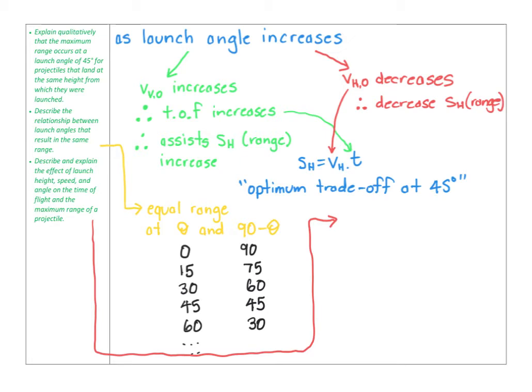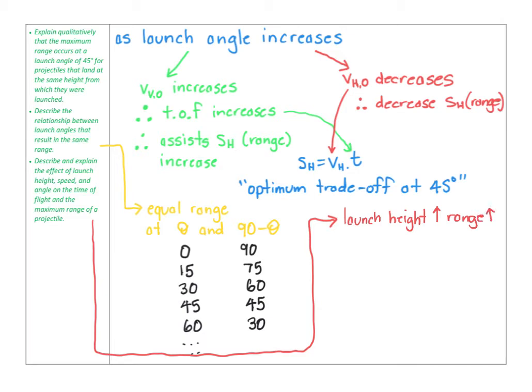Finally, we need to be able to describe and explain the effect of launch height, speed, and angle on the time of flight and the maximum range of the projectile. I think that probably all just makes sense from what we've looked at. Obviously, if launch height increases, then range will increase.